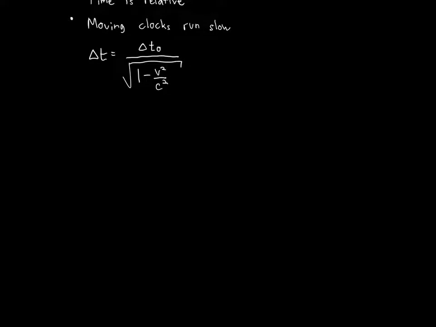So all of these variables: change in t naught, that's going to be something called the proper time. This is an observer that's at rest relative to an event being observed.